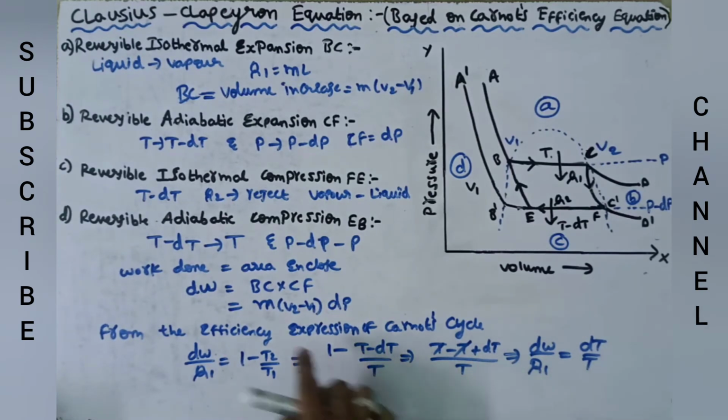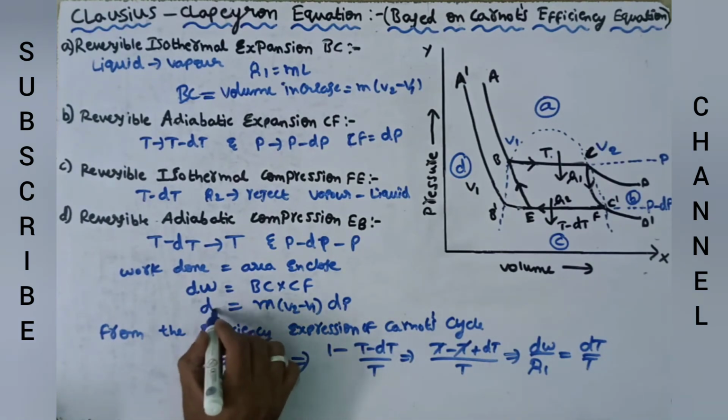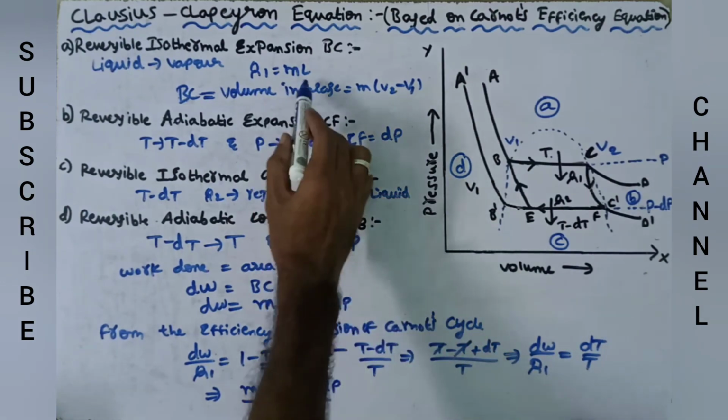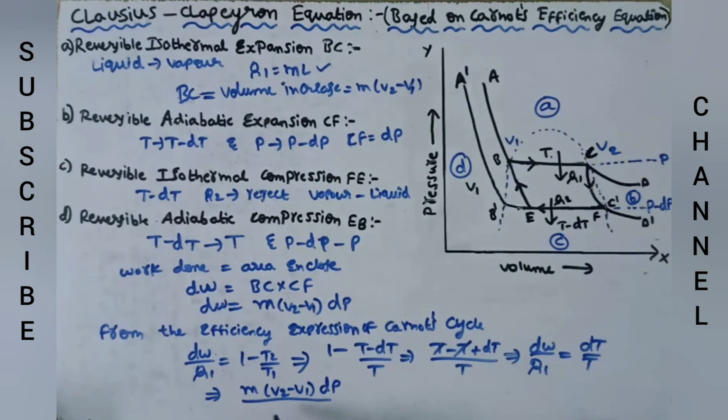Here we have dW, and we are substituting dW in this place. So we get m into (V2 minus V1) dP, by, in the place of Q1 we have mL, is equal to dT by T. Here m gets cancelled.